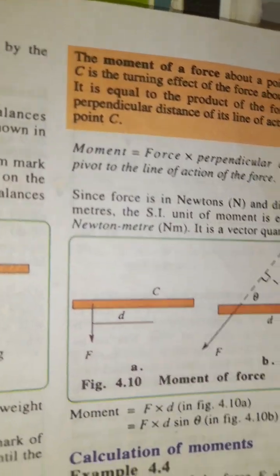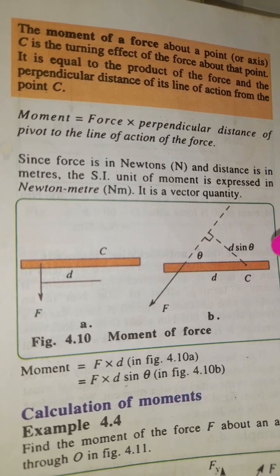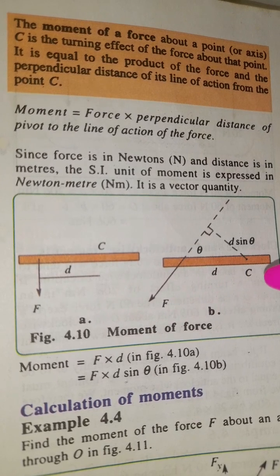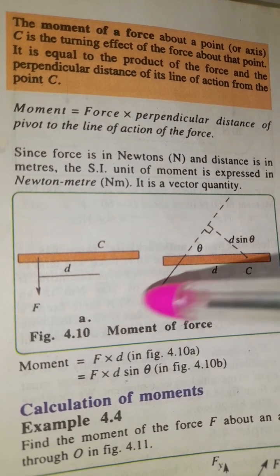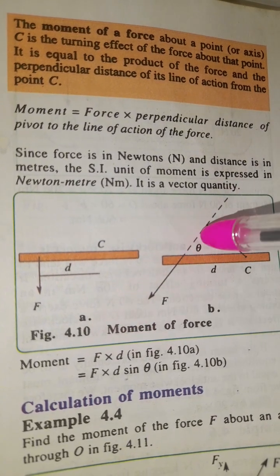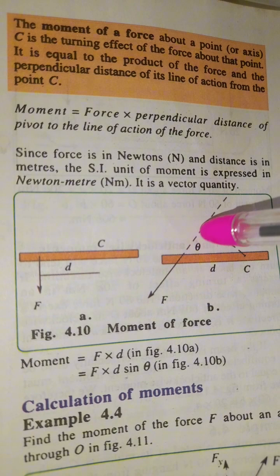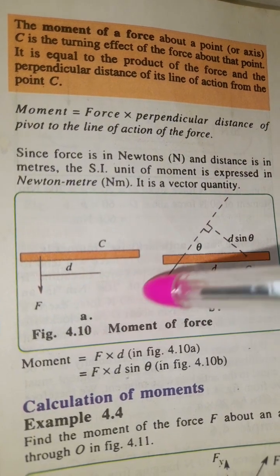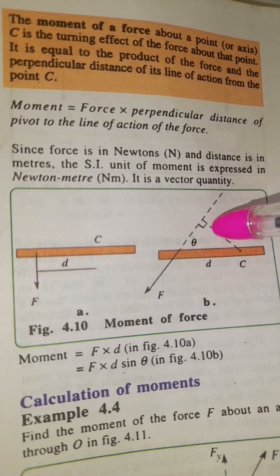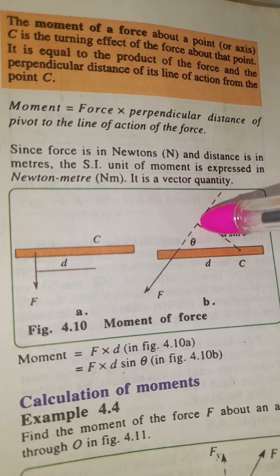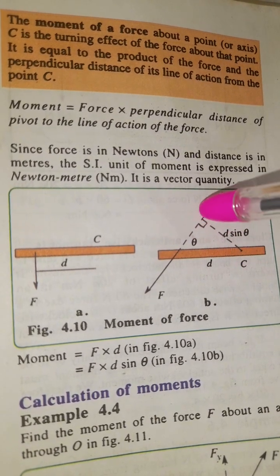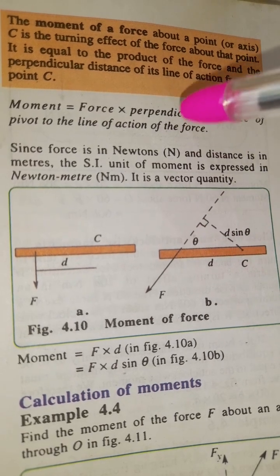Now, when you go to a second diagram, you would see that it's not always that the line of force is perpendicular to the axis C. So when you have a situation where the force is not perpendicular, what you do is to extend the line of force, and then you also extend the line from the axis. Wherever they meet, they would meet at an angle 90, therefore making this side our perpendicular distance.